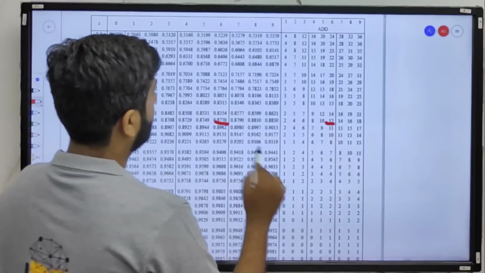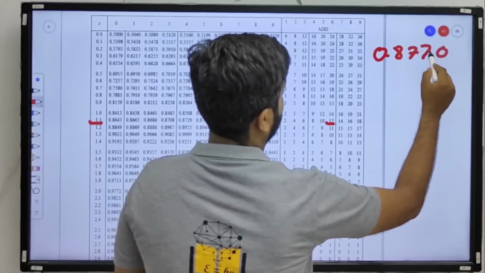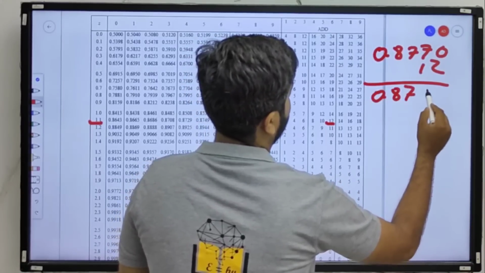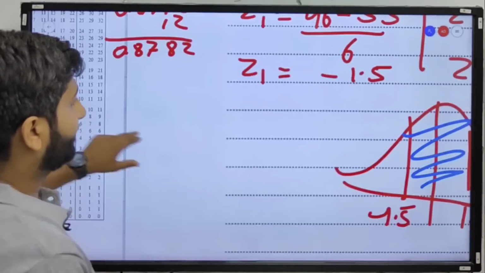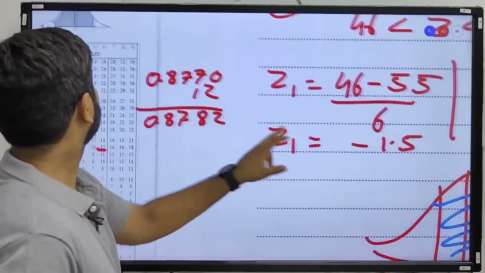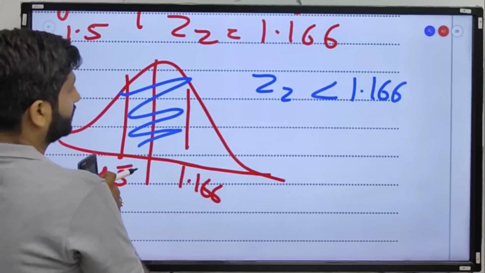It means add 12. So 0.8770 and you have to add 12, which is 0.8782. So this is my probability, Z2 less than 1.166 is 0.8782.